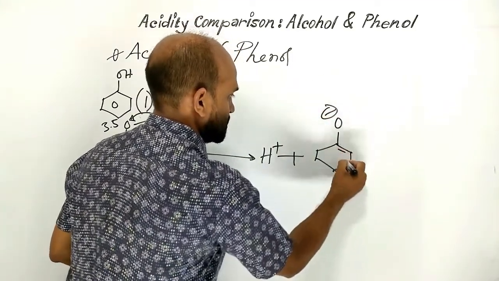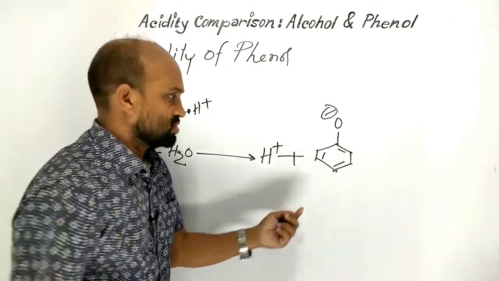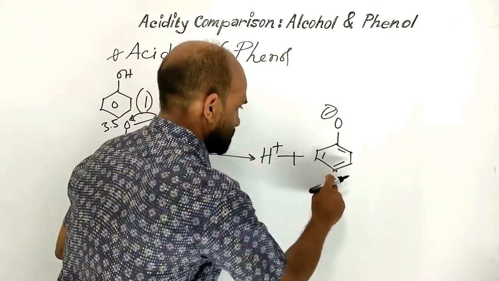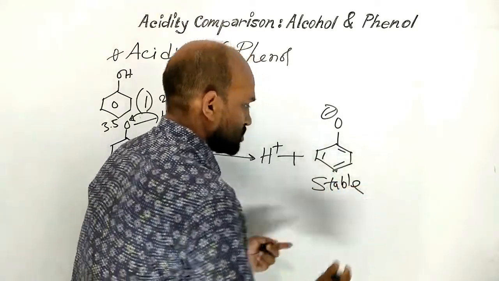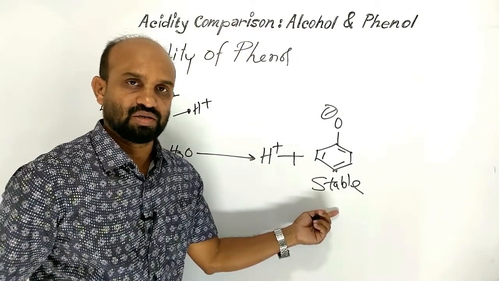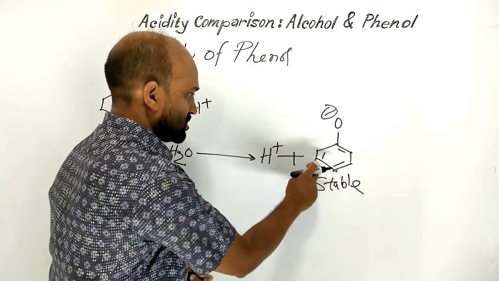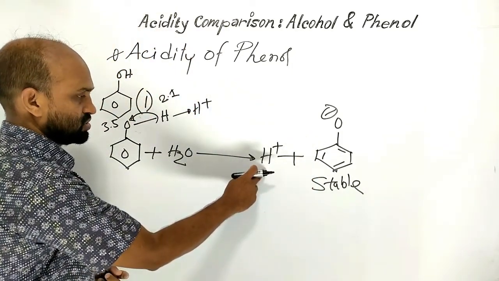this phenoxide ion. Now this ion becomes stable through resonance. Because of its stability, this ion remains free after donating proton.